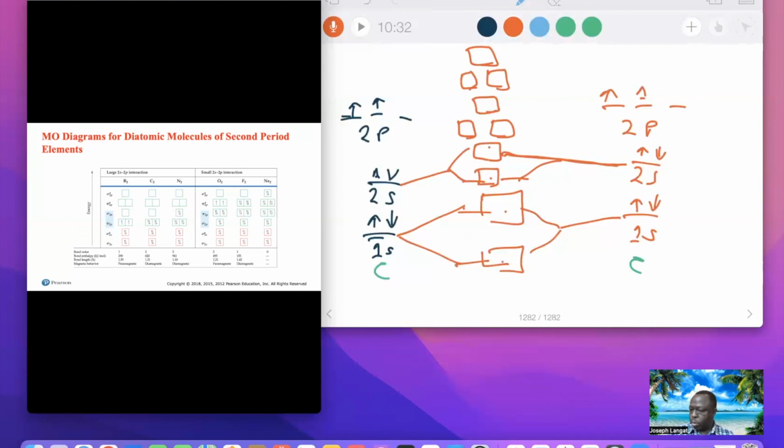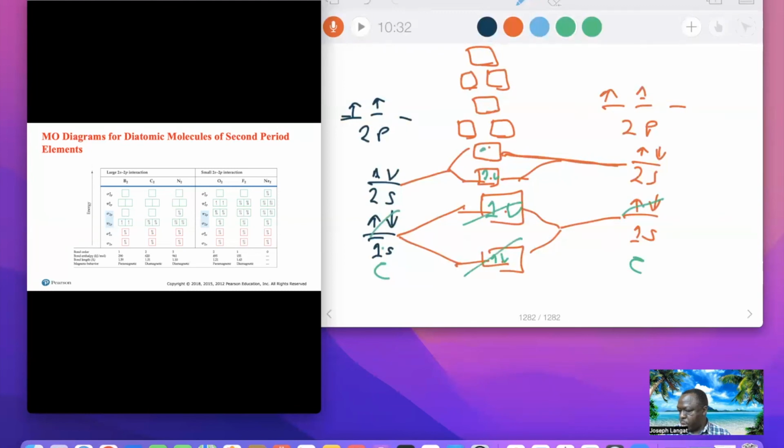So if we put a 2 here, this is 1, 2. What I'm looking at is I'm putting the 2 electrons, these 2 and these 2 gives us 4 here.